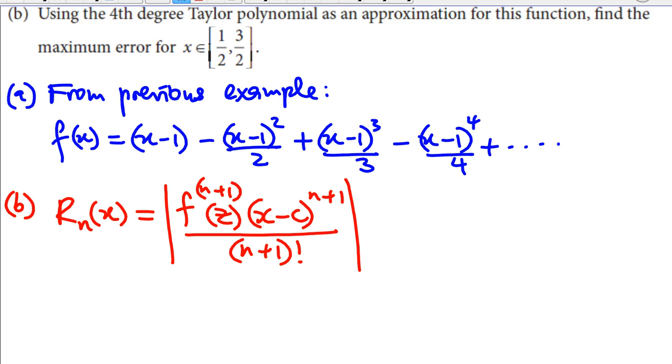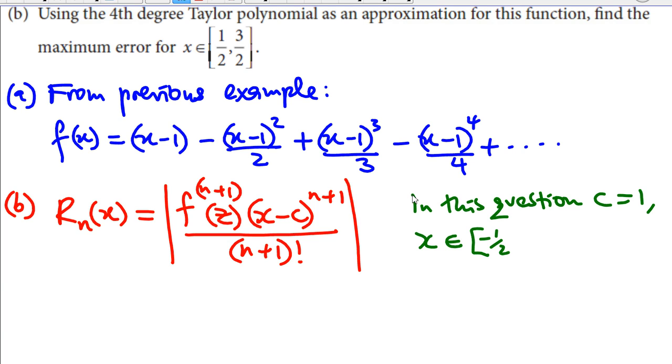Now, in this question, c is equal to 1. x is between 1/2 and 3/2, not -1/2, including both, and n is equal to 4.